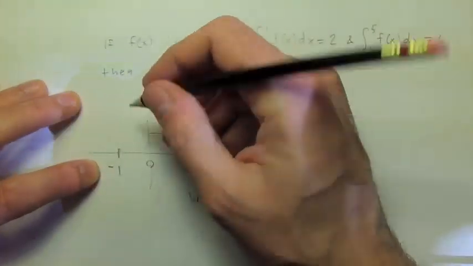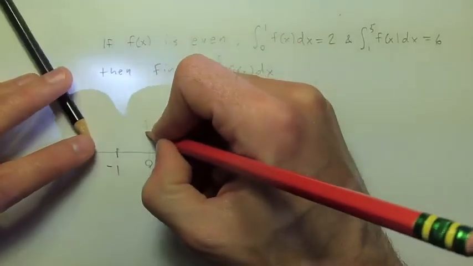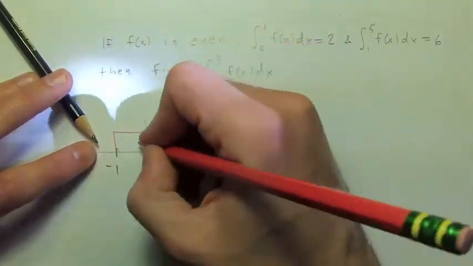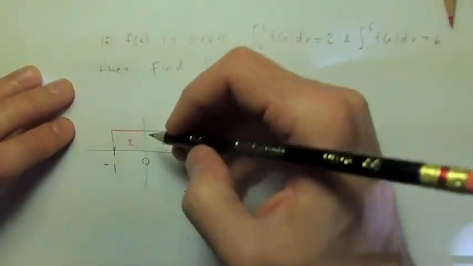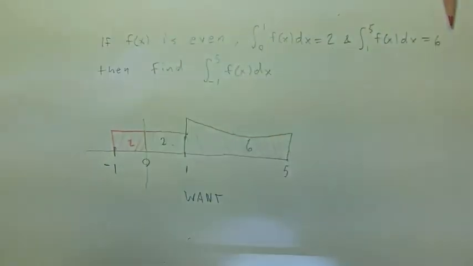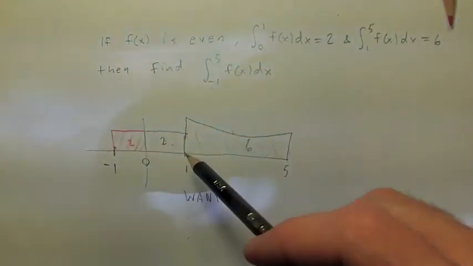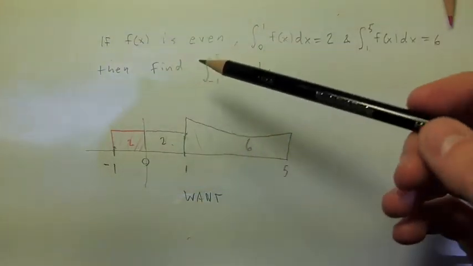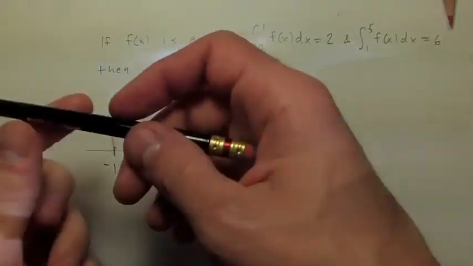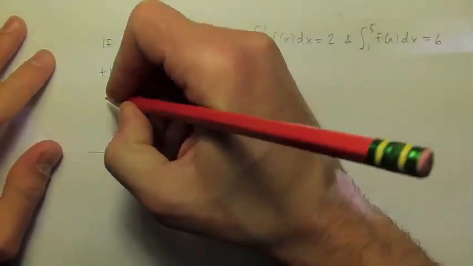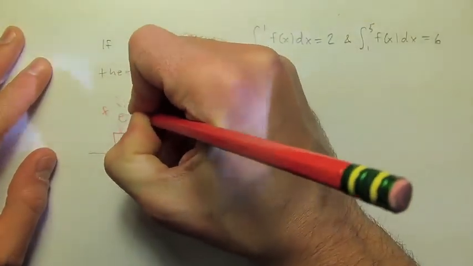So even means we put a piece here. Okay. So that means the integral from -1 to 5 is going to be 4 plus 6, which is going to be 10. Now this comes from the fact that f is even.